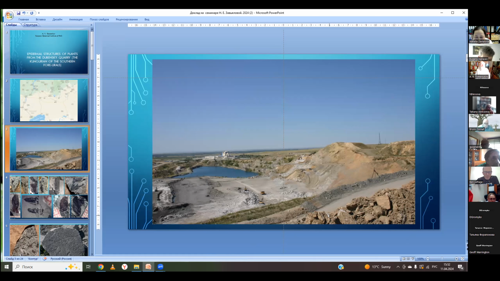Well, I see a question from Tatiana Alexeyeva in the chat. Thank you for the interesting materials. What is the most typical size range of epidermal cells? The sizes are about several tens of microns. 30, 40, 50 microns.